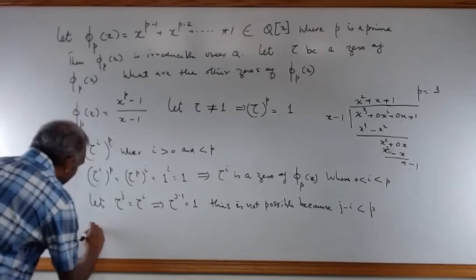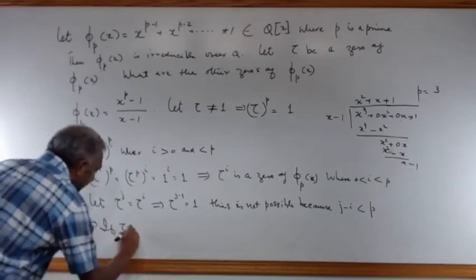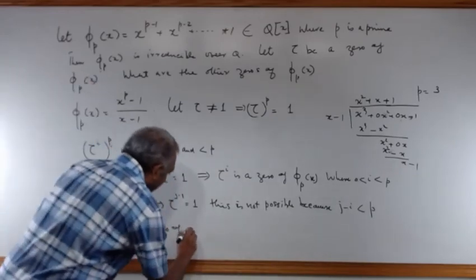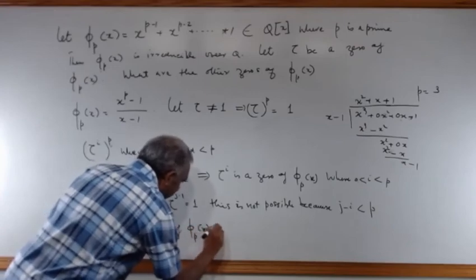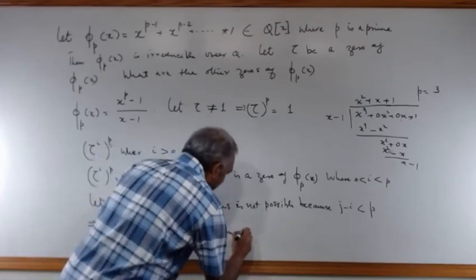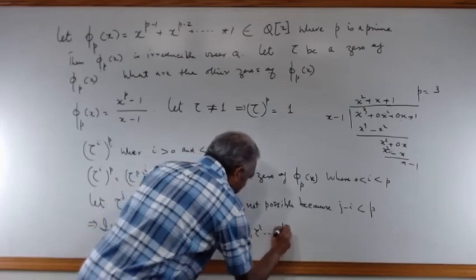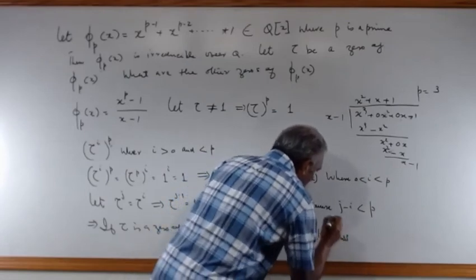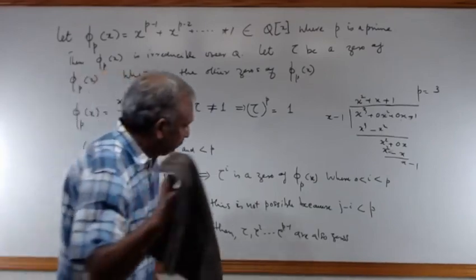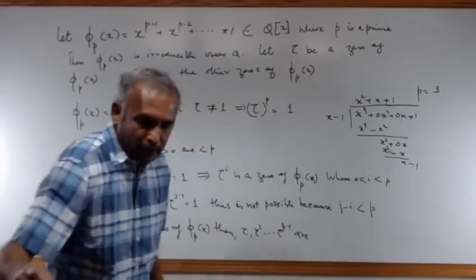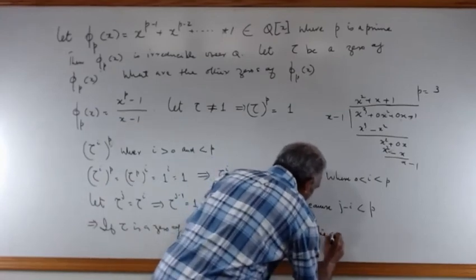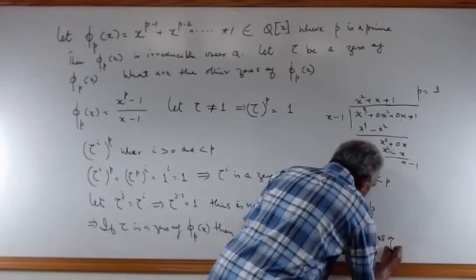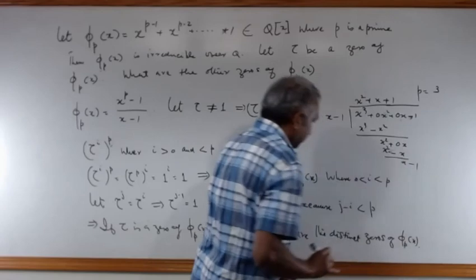That means that if ψ is a zero of Φp(x), then ψ squared up to ψ^(p-1) are also distinct zeros of Φp(x).